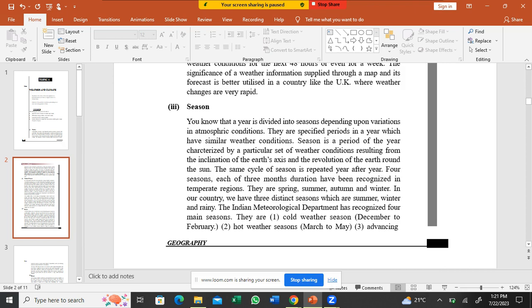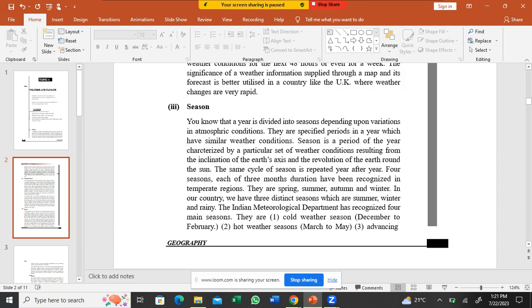They are specified periods in a year which have similar weather conditions. A season is a period of the year characterized by a particular set of weather conditions resulting from the inclination of the Earth's axis and the revolution of the Earth around the Sun. So the cycle is repeated year after year.